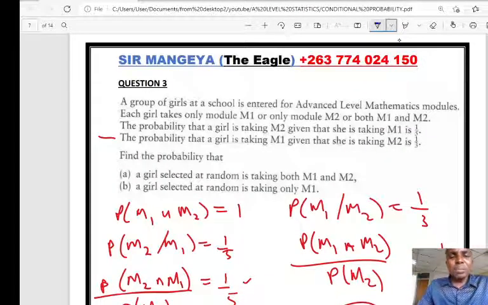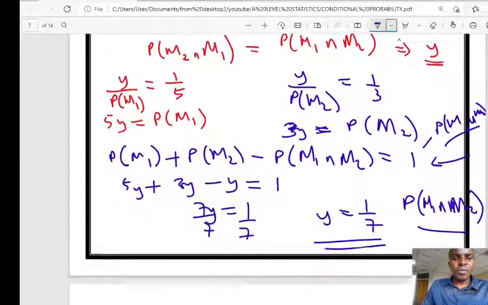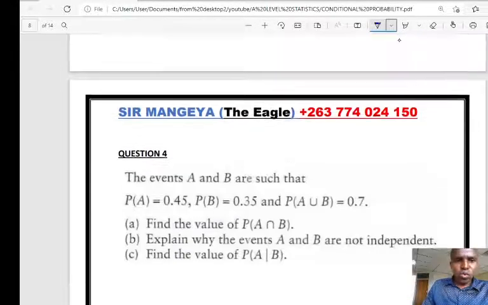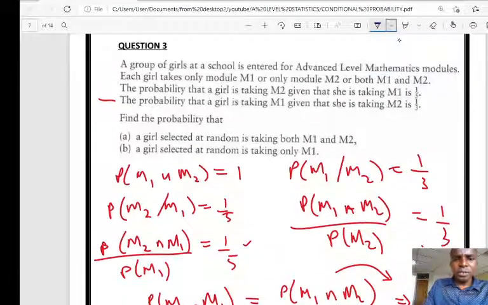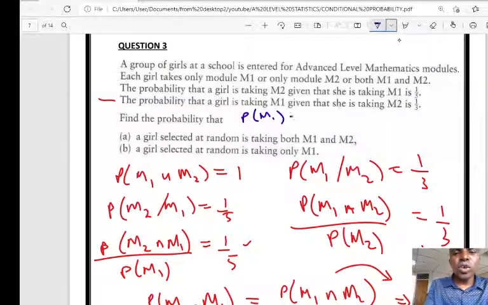Next, part B. Find the probability that a girl selected at random is taking only M1. Only M1 means not M2. The probability of only M1 is the probability of M1 minus the probability of M1 intersection M2.